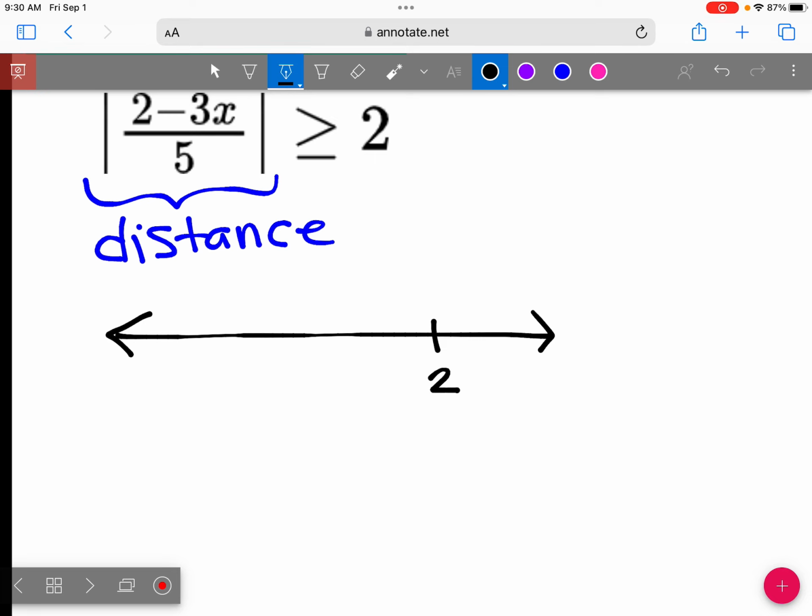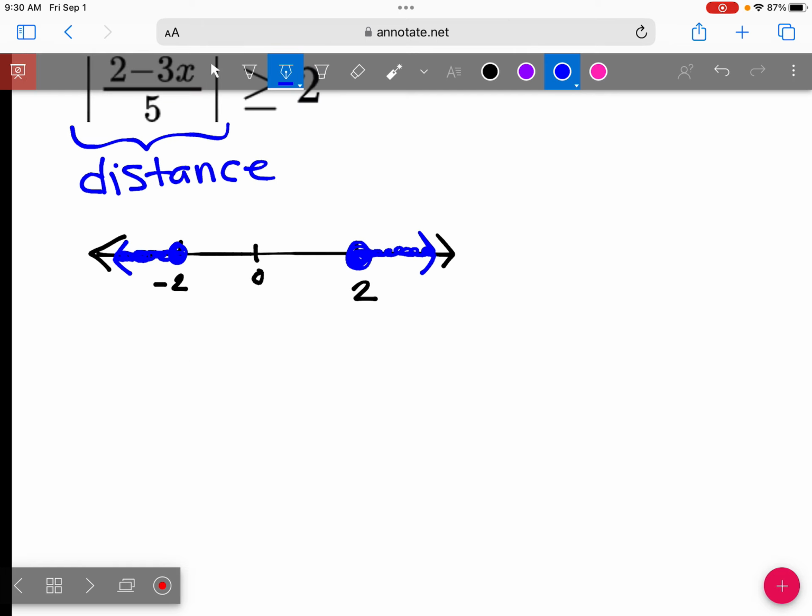It's got to be farther away from 0, to go that way, or it's still farther if it goes this way, right? So we're going to set up 2 cases, split it into cases.